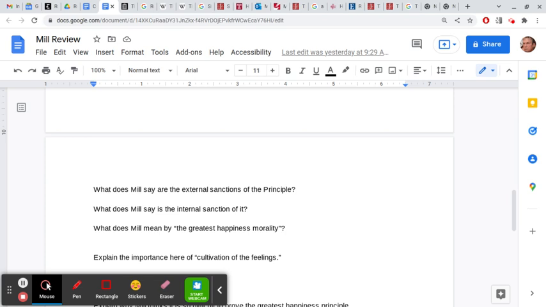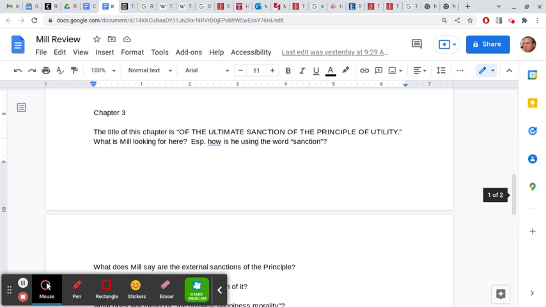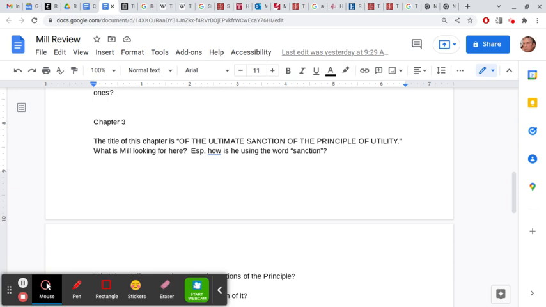What does Mill mean by the greatest happiness morality? Well, this is really, as I was saying in class when I was giving my talk on this chapter, not so obvious exactly what it is that Mill is trying to find the sanction for. It's certainly not the greatest happiness principle as it stands in chapter 2.